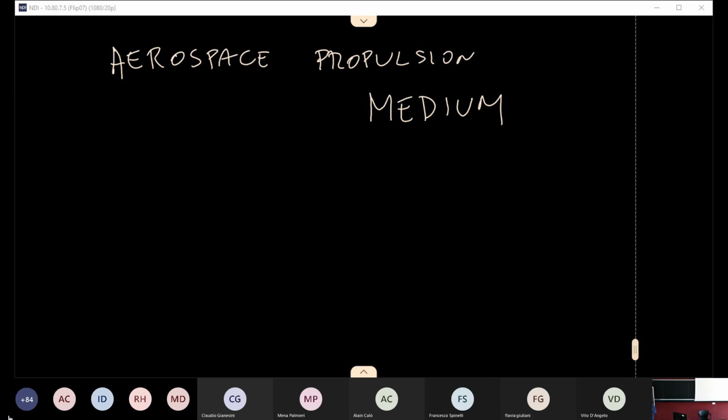If we are in the atmosphere, we enter the field of aerospace propulsion, and of course we would like to use the medium we have available, that means the atmosphere. There are similarities between aerospace propulsion and marine propulsion, because we have a fluid as a medium in both cases.